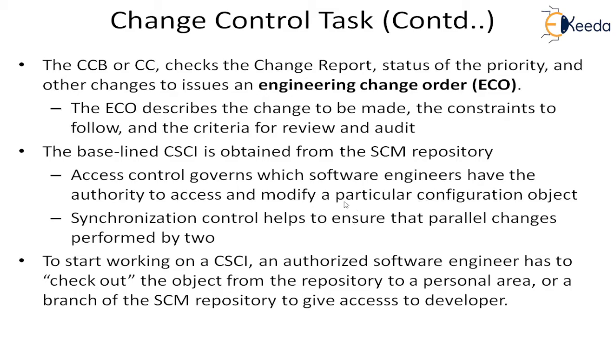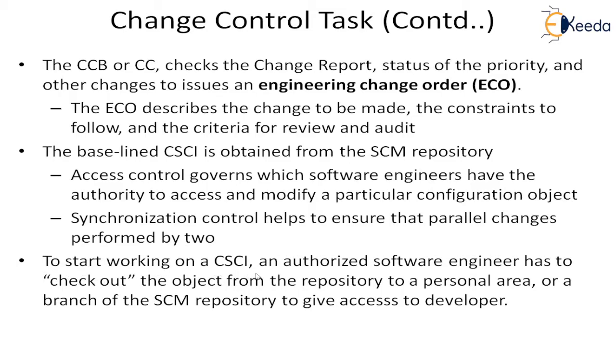So as I was telling you earlier, they will make a copy of it and take it. And synchronization control helps to ensure that parallel changes are performed by more than two. So now once they have done it, that is what we have said.